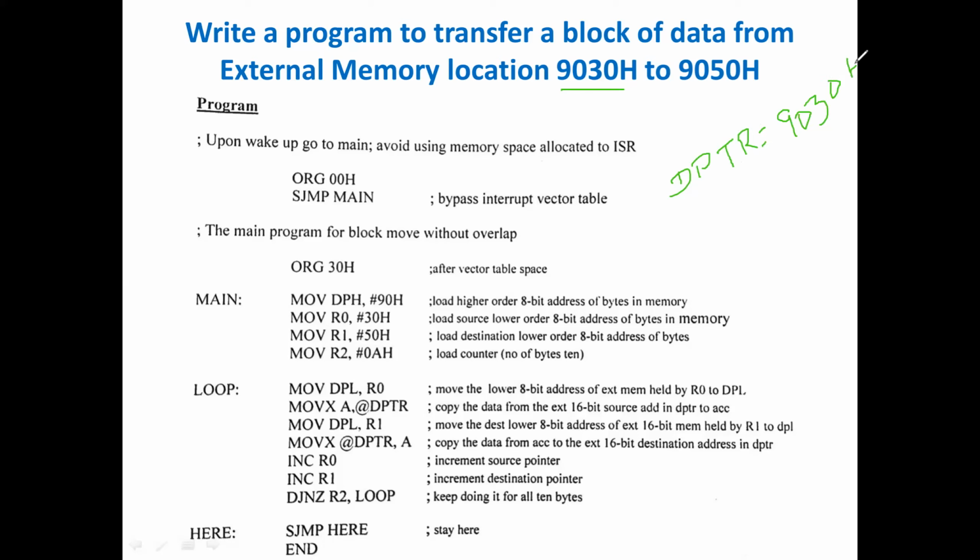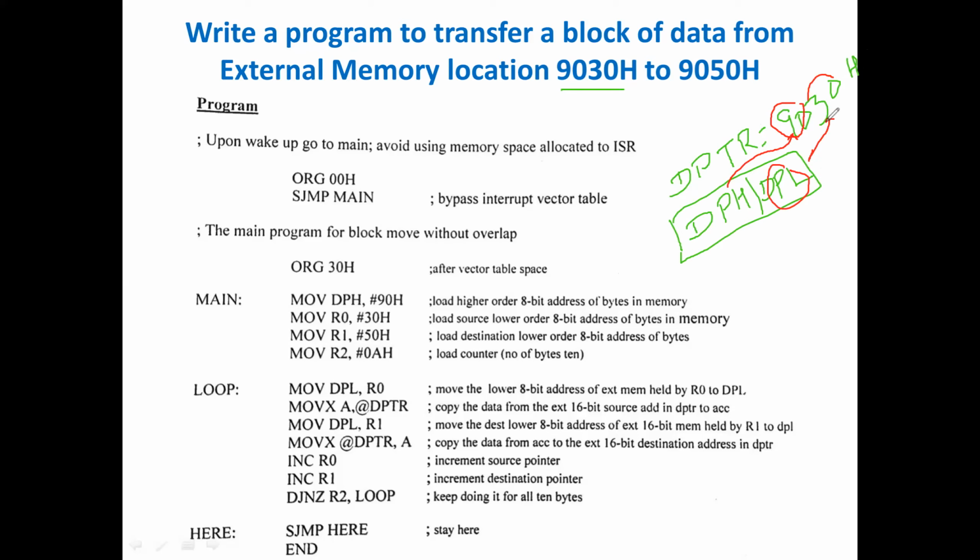Since this DPTR is a 16-bit register, it can be split into DPH and DPL. DPH is 90H, and DPL is 30H.